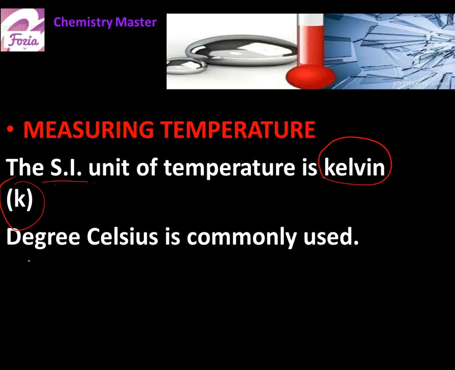More commonly we are using the Celsius scale, like when we are measuring our temperatures most of the time, or we are very familiar with the boiling point of water and the freezing point of water, and every time we are using the degrees Celsius scale.